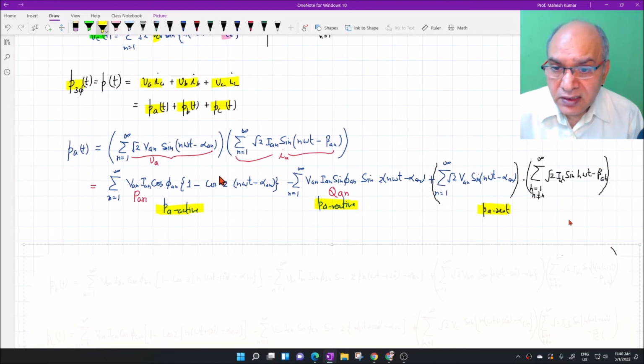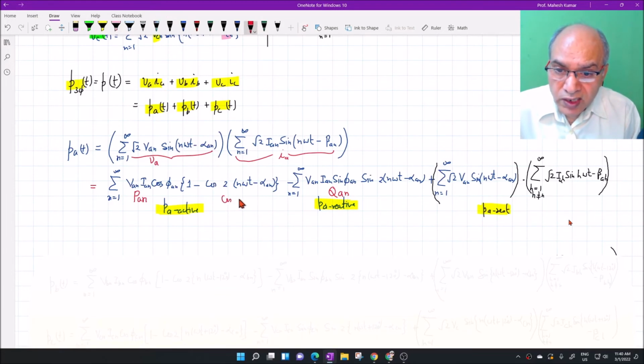So if we multiply the similar frequency terms, we will get first P active or PAN. So this will be P active: VAN IAN cos phi AN, times 1 minus cos 2 omega t. But here omega t will not come; it comes as n omega t minus alpha AN, because the A phase voltage has the sine argument of n omega t minus alpha AN. So twice of that. This term is actually cos 2 omega t equivalent for single phase system. Since it is unbalanced, alpha AN will come here, and omega t becomes n omega t.